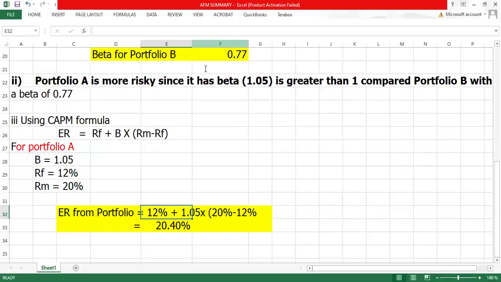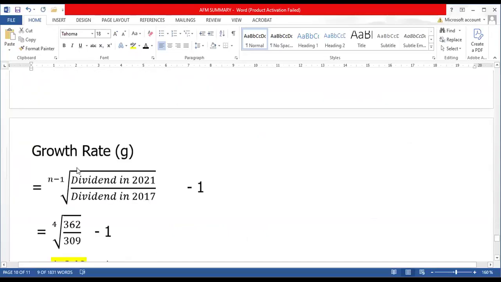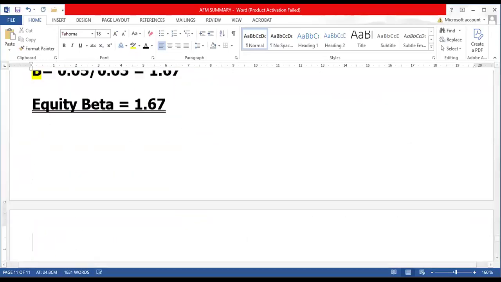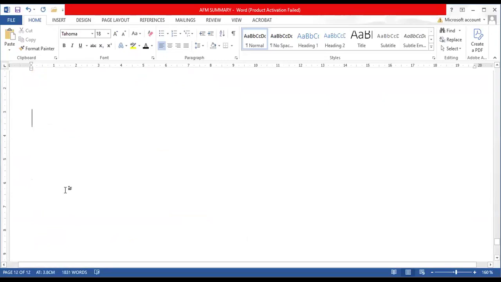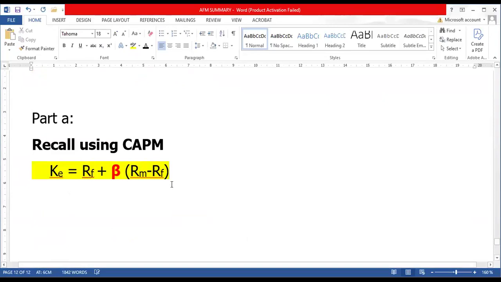From your formula, you just substitute in this formula using CAPM, part A. You are looking for RF. You have KE from the question, the expected return.